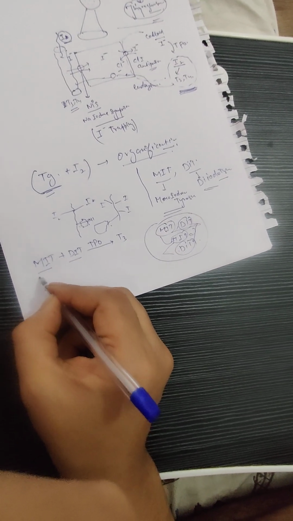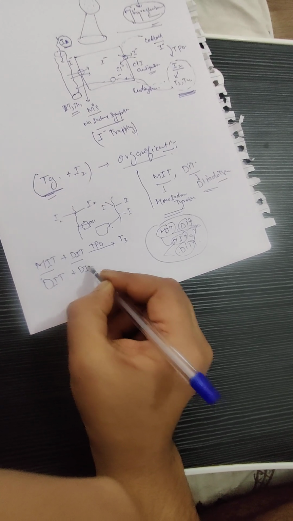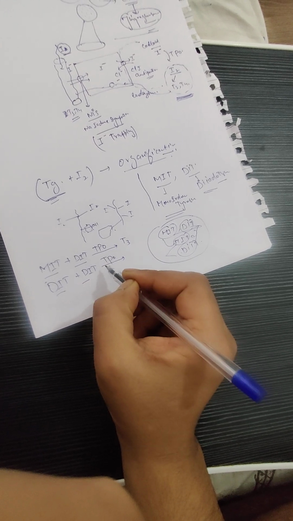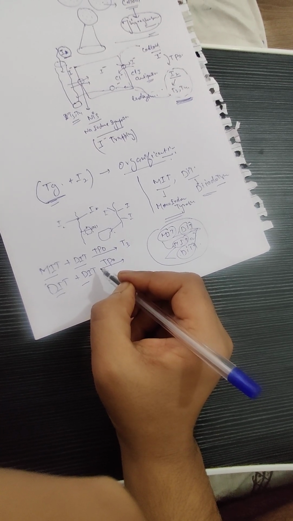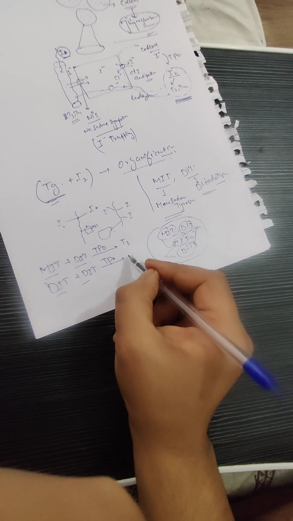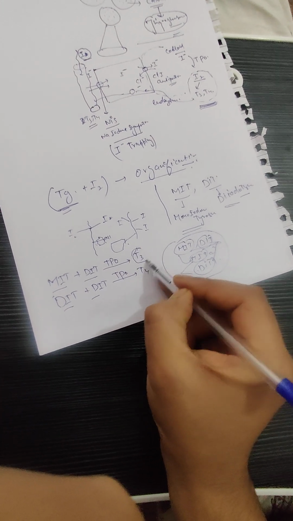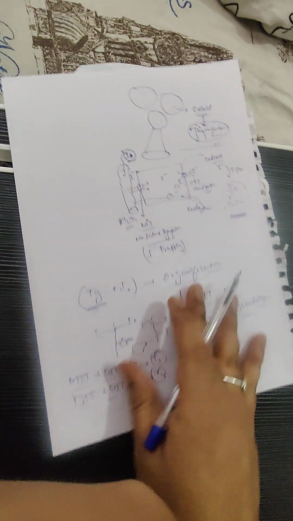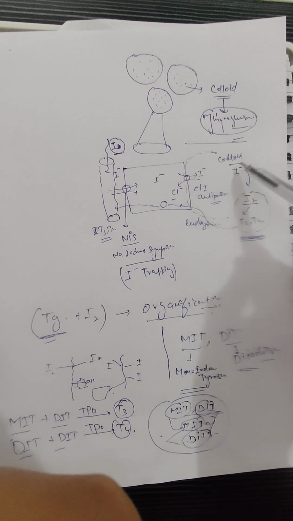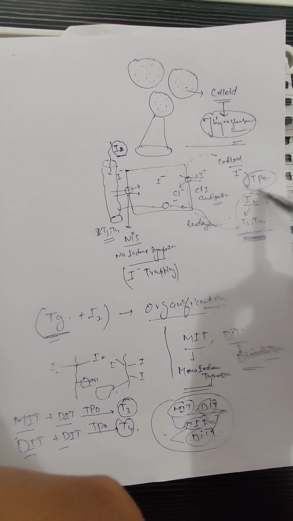And DIT plus DIT, which is 2 plus 2, di plus di, will form T4 in presence of TPO. So this is how T3 and T4 get formed in the colloid, as we discussed here. The iodine was getting converted into T3 and T4 in presence of TPO enzyme.